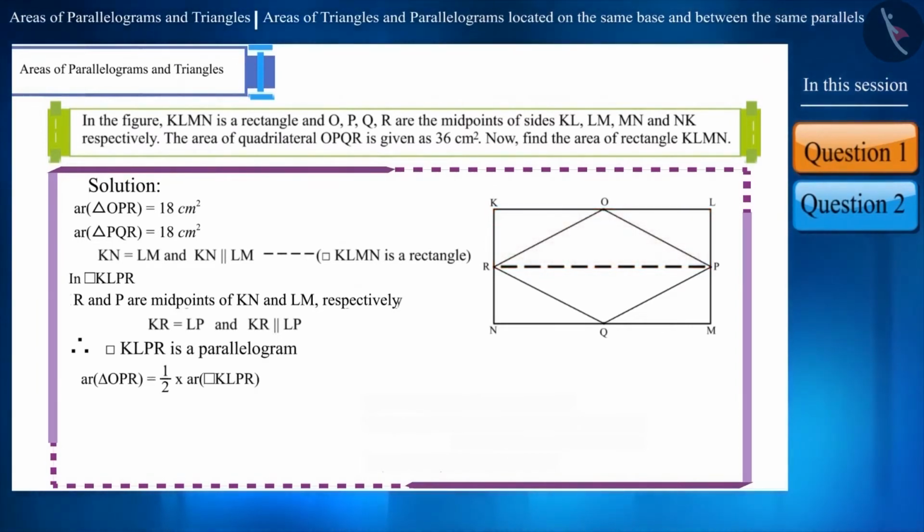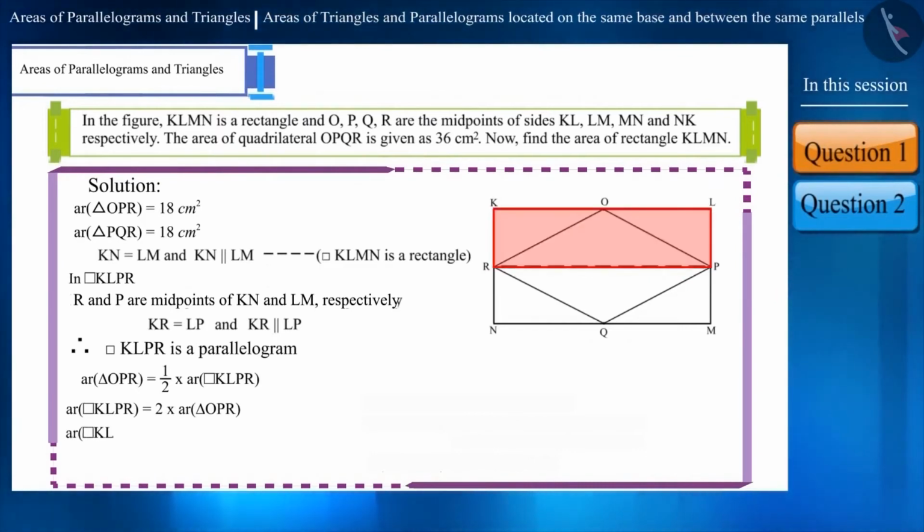Or let's say that the area of parallelogram KLPR is twice the area of triangle OPR. Hence, the area of quadrilateral KLPR is twice the area of the triangle OPR, which is 18 square centimeter, from which we will get the area of the parallelogram KLPR is equal to 36 square centimeter.